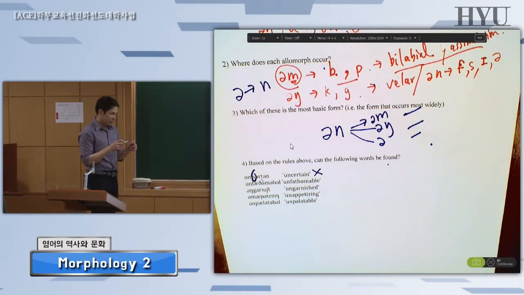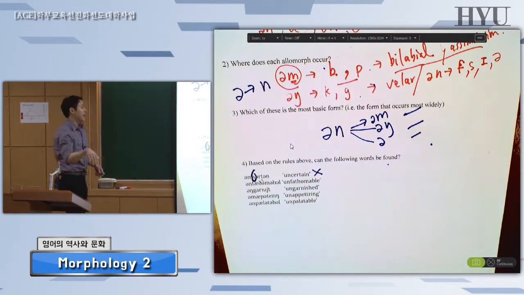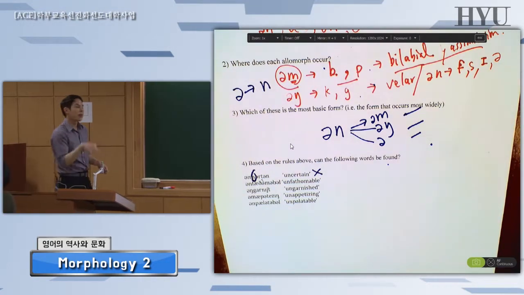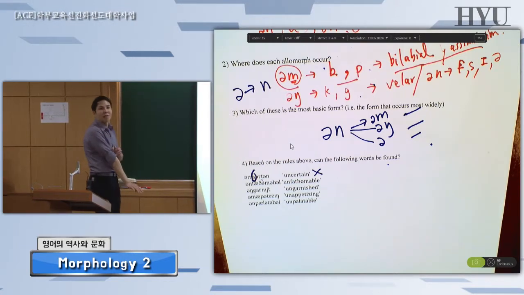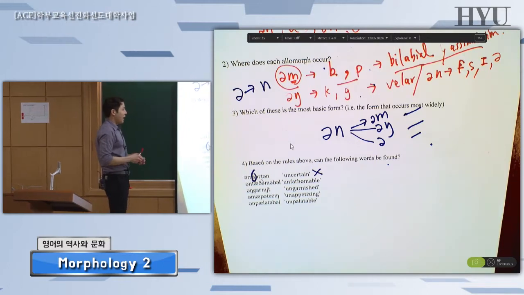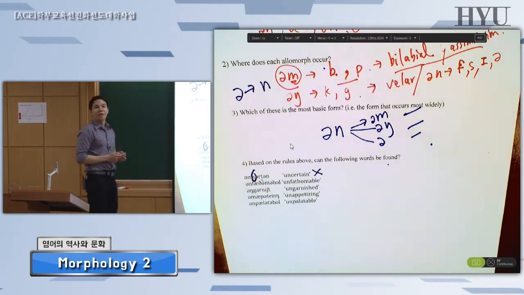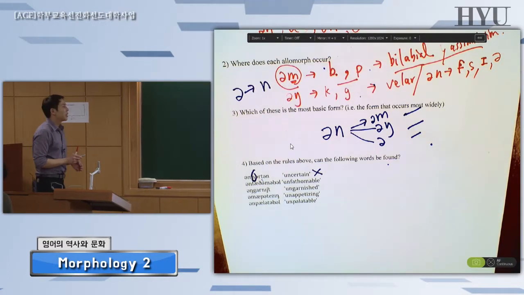So that's not possible. What about unfathomable, meaning that you cannot reach, is too deep, you cannot feel the bottom of it, you cannot understand like that. So can you have an M here, unfathomable? Yes or no, based on our rules here?